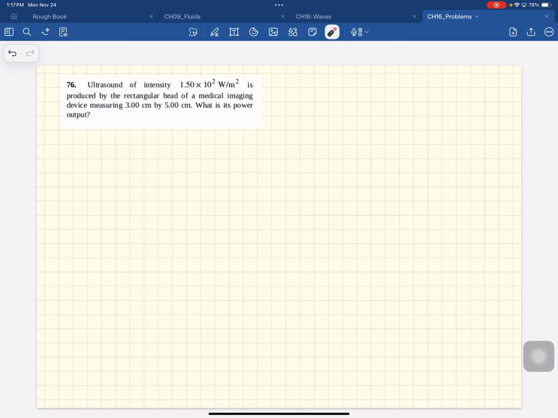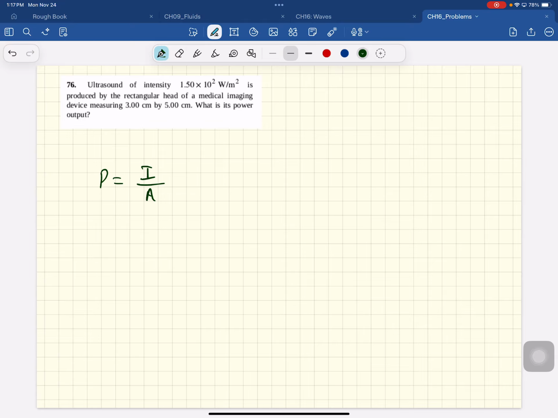All right, they say ultrasound of intensity 150 watt per meter square is produced by the rectangular head of a medical imaging device measuring 3 centimeters by 5 centimeters. What is the power output? So power is intensity divided by area.